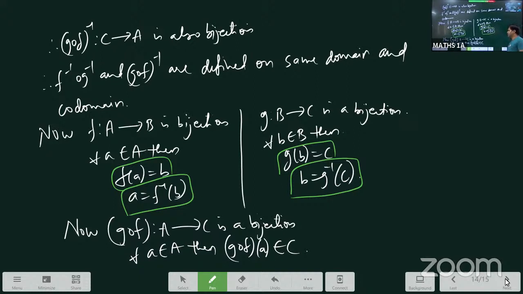Then G circle F is mapping from A to C and is a bijection, and for every a belongs to A, G circle F of a belongs to C. These two you have to define separately first. Is it clear? This part is compulsory.